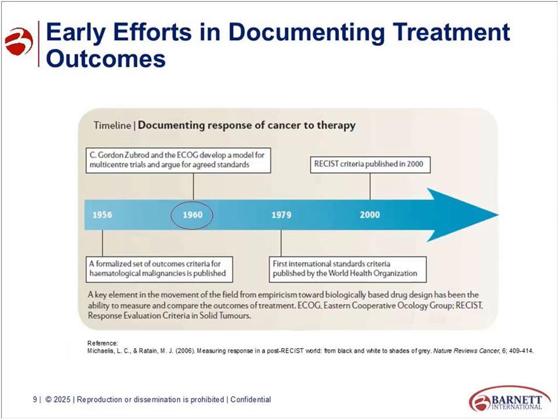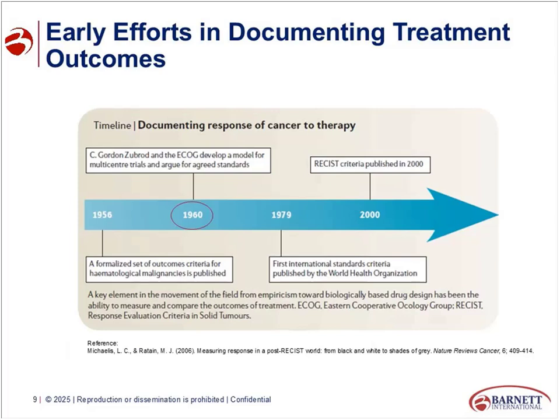In the following decades, other cooperative groups began to define what data was necessary to report in a clinical trial and what constitutes response to a cancer agent. In the 1960s, C. Gordon Zubrod and members of the newly formed Eastern Cooperative Oncology Group, or ECOG, developed a model for multi-center clinical trials.